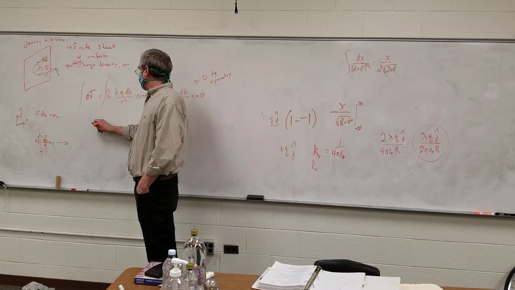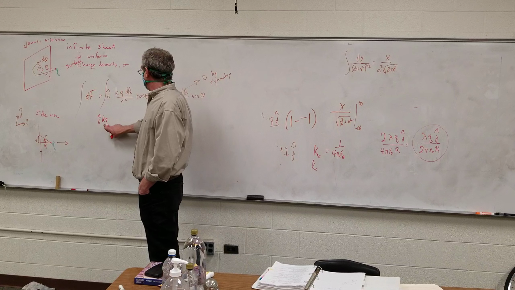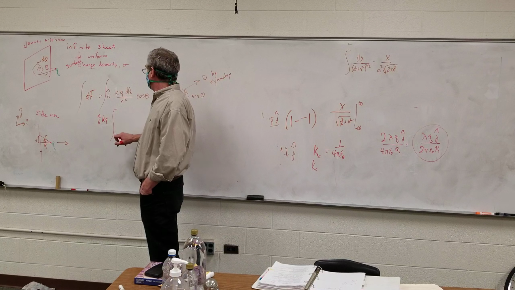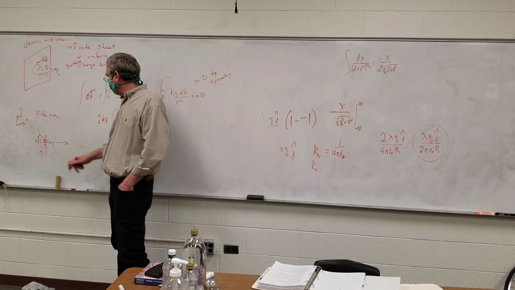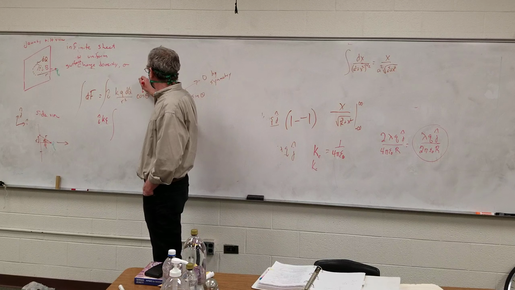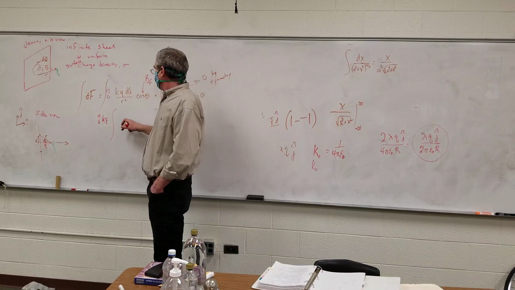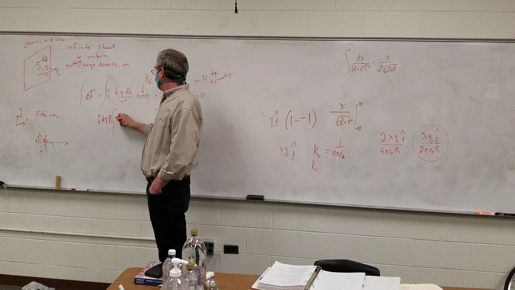We pull out the constants, so I've got i hat, k, little q, and that's it for now. Cosine of theta is the adjacent over the hypotenuse. So this right here is big R over little r. So I've got a big R popping out here, and then I've got dq over r cubed.